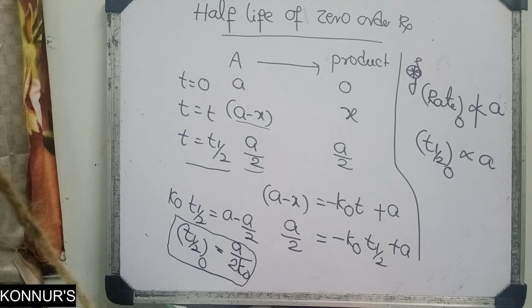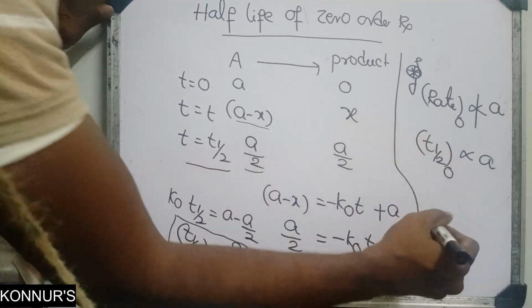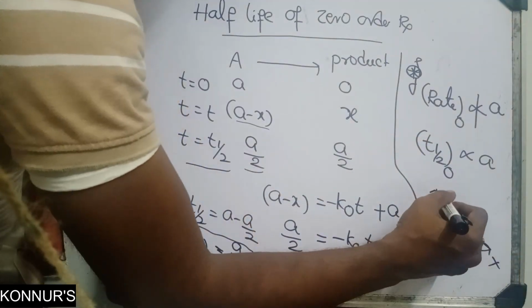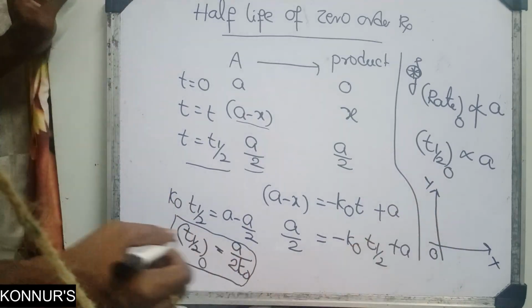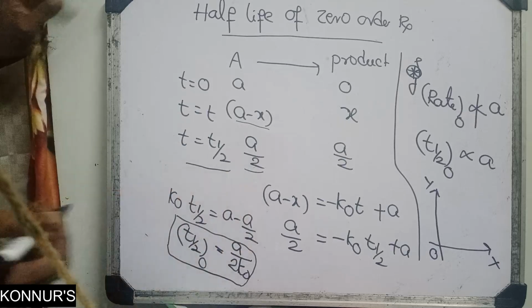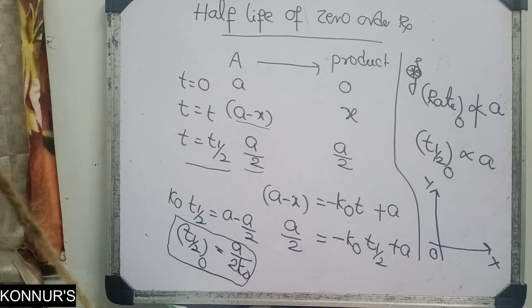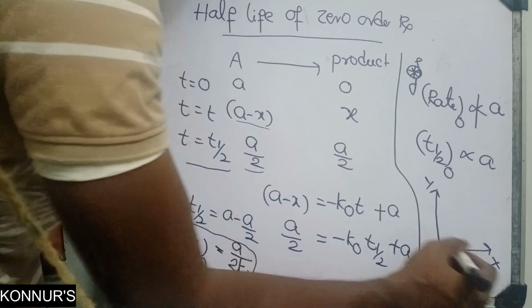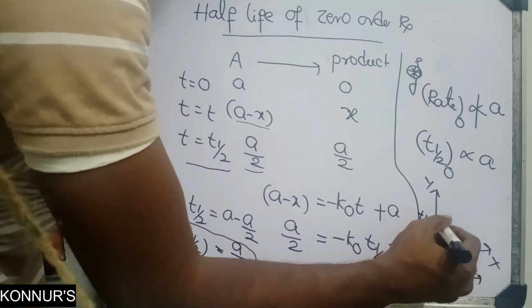So based on this also, you can take one graph, x-axis, y-axis. On the x-axis, you take concentration, otherwise time, and t half values. Suppose here concentration value you take, here t half value you take.